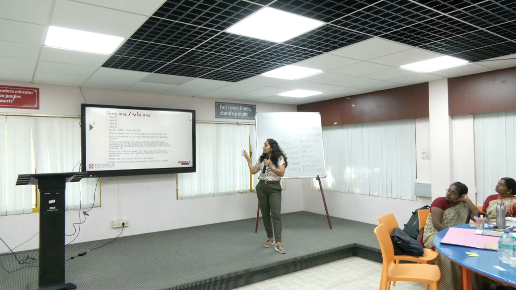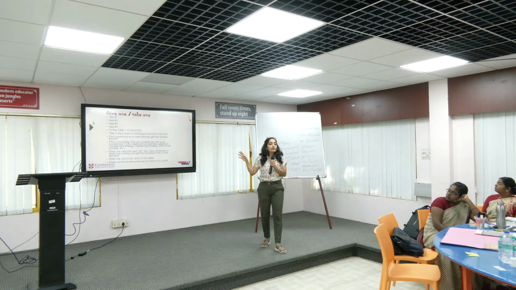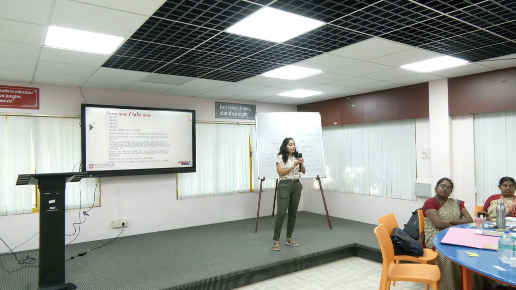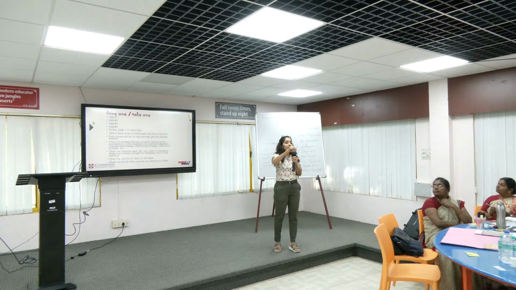Give one, take one. We do this with the students also many a time. They have learned something about the concept. They form concentric circles, and in a limited time, probably you give them 2 or 3 minutes, they go with a sheet of paper and collect as much information as possible from different learners about that topic.